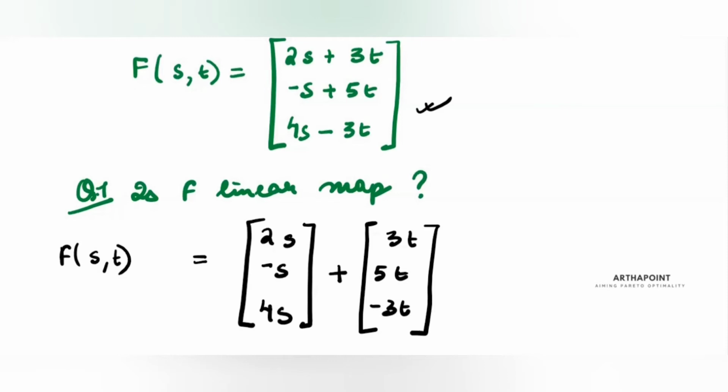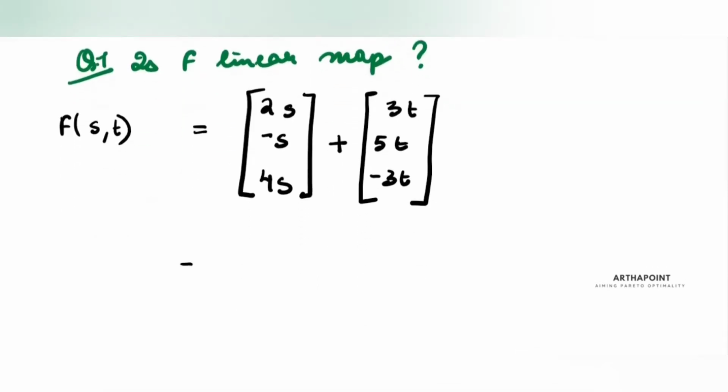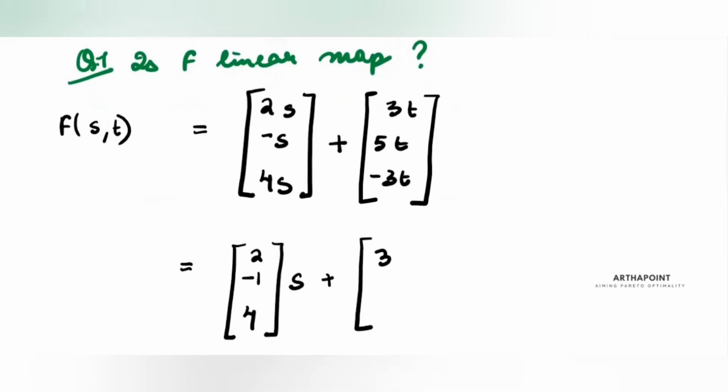I started with that. Now, can I also go ahead and write it as (2, minus 1, 4) into s plus (3, 5, minus 3) into t.